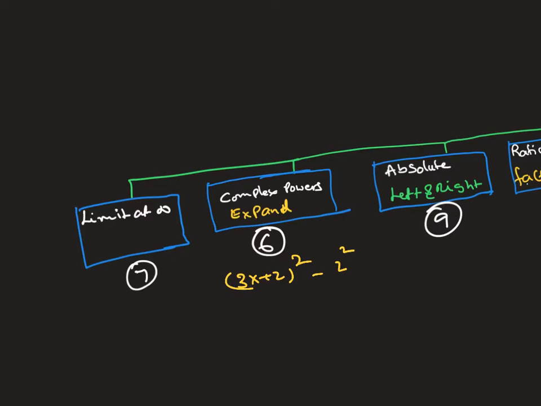Then expand it. Then we will do limit at infinity. So limit as x approaches infinity, x to the power of n, or x cubed plus 3x over 2x minus 4x cubed plus 7, something like that.